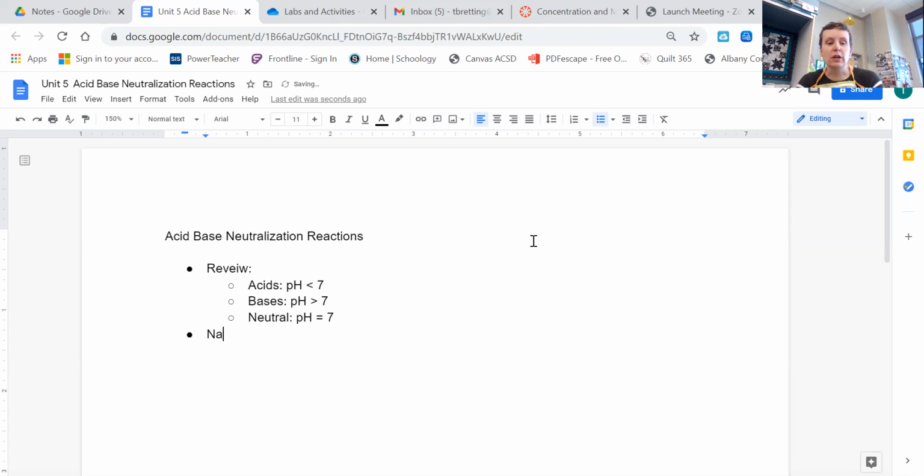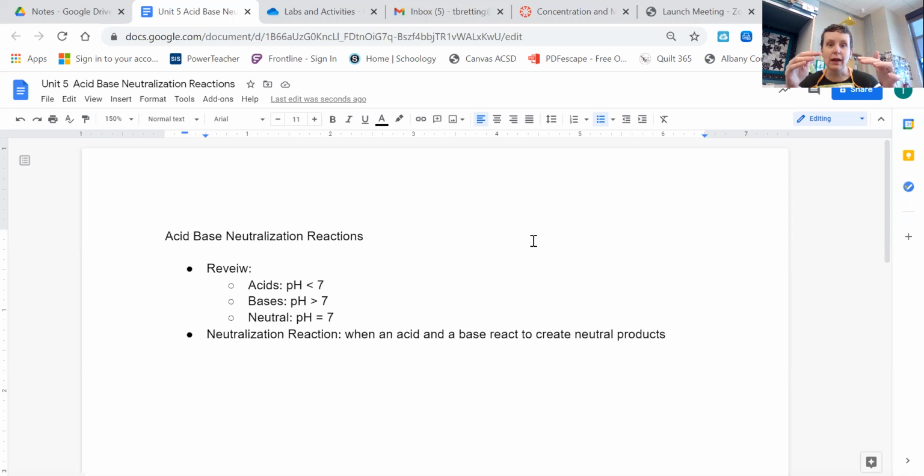So here's what a neutralization reaction is. Neutralization reaction. Definition. This is when an acid and a base react to create neutral products. So acids and bases are on the opposite side of neutral.